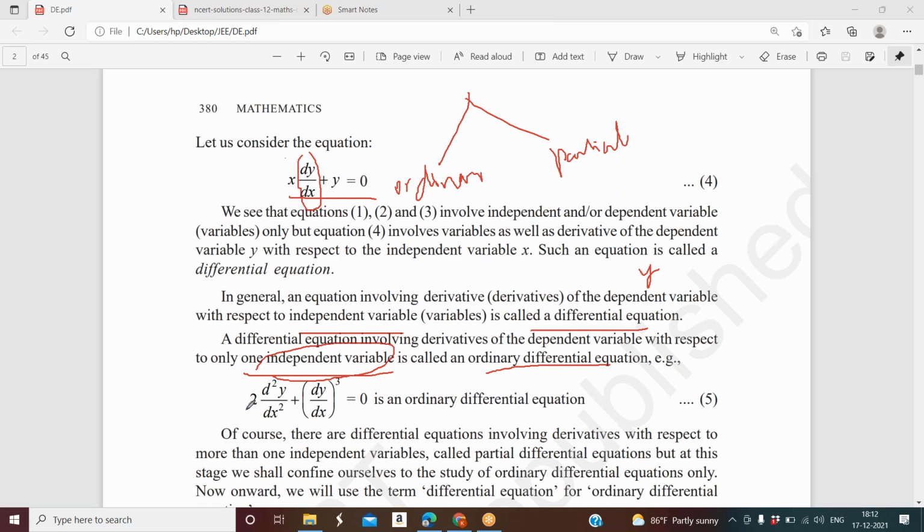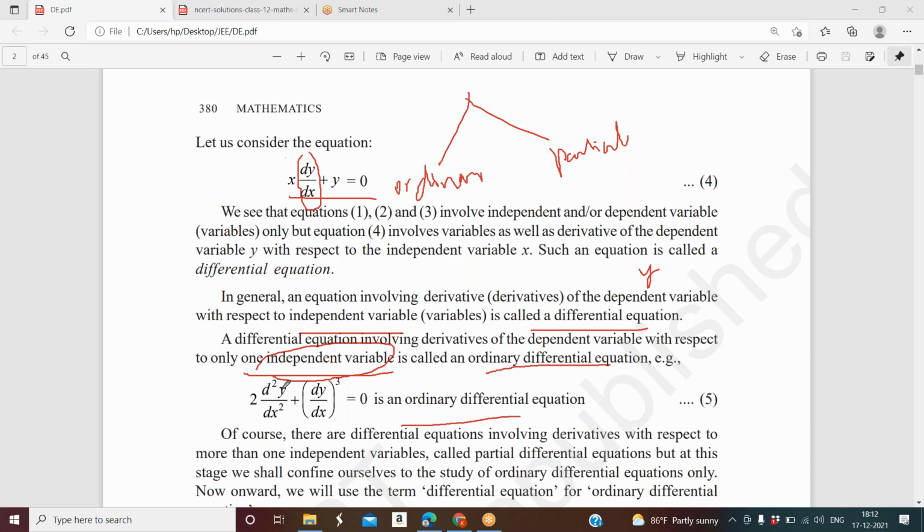For example, 2 d square y by dx square plus dy by dx the whole cube equal to 0. This is an ordinary differential equation. Why is it an ordinary differential equation? First of all, this is an equation and it is a differential equation because it involves derivatives d square y by dx square and dy by dx. Why is it called an ordinary differential equation?